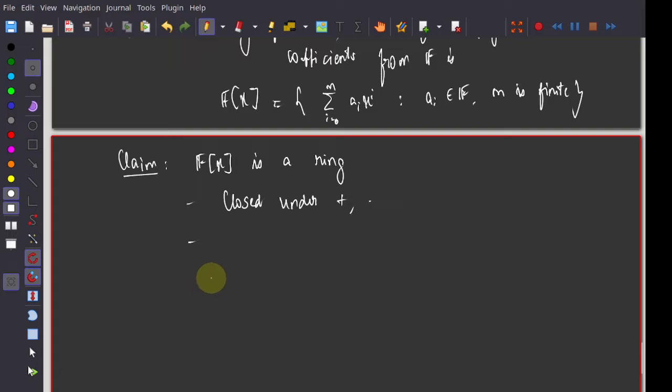What else do we need to check? What is the additive identity? So it's basically the zero polynomial. The zero. What about the multiplicative identity?